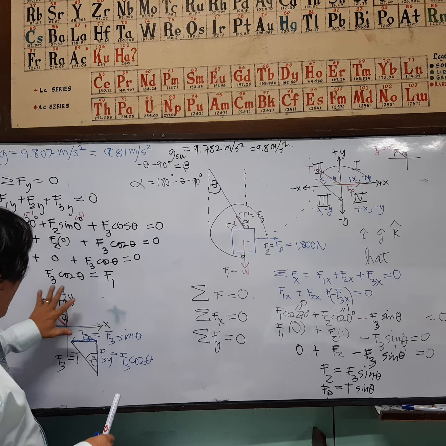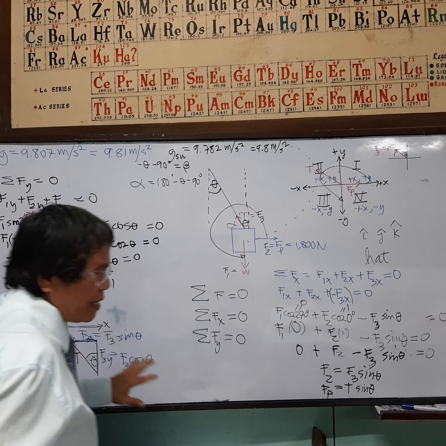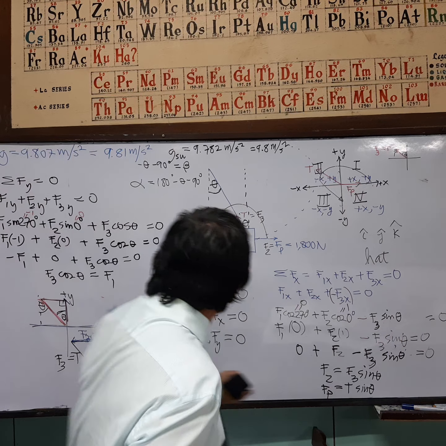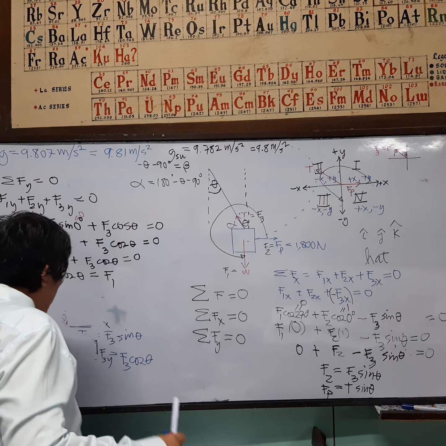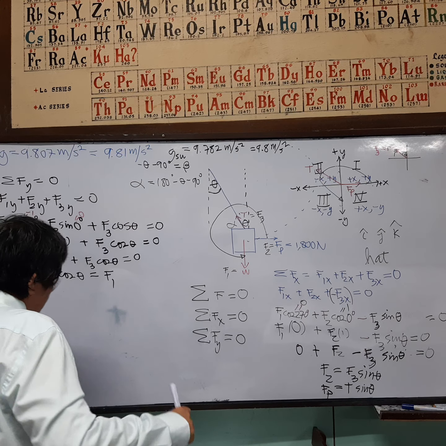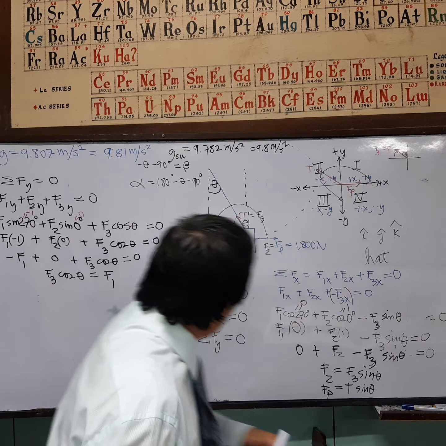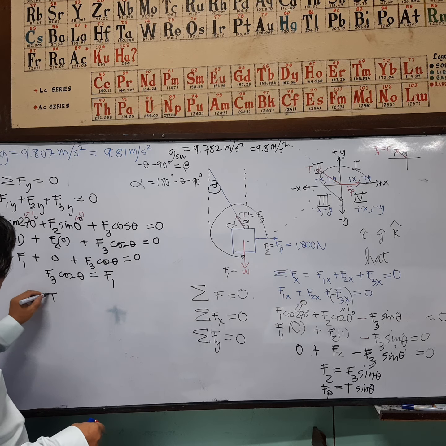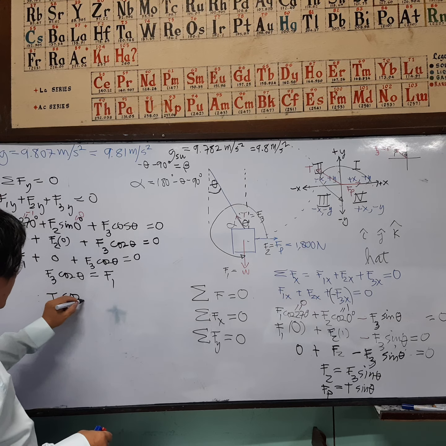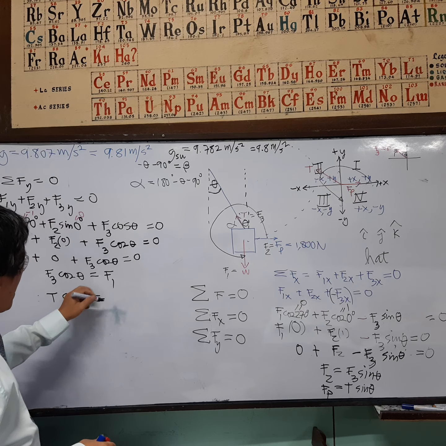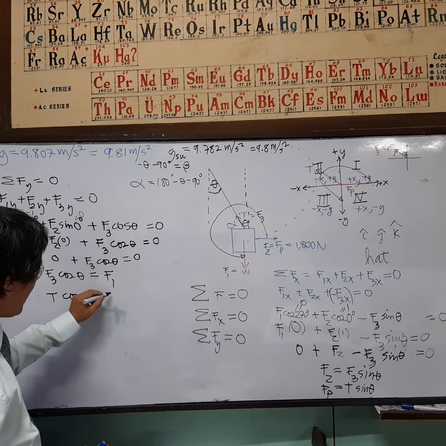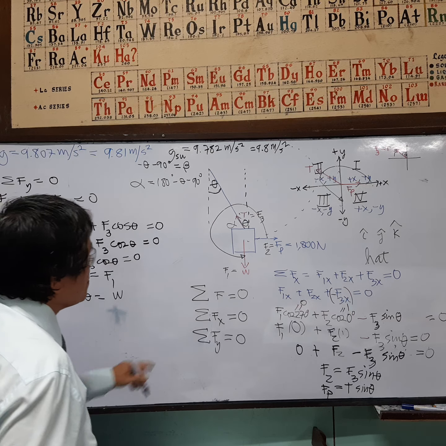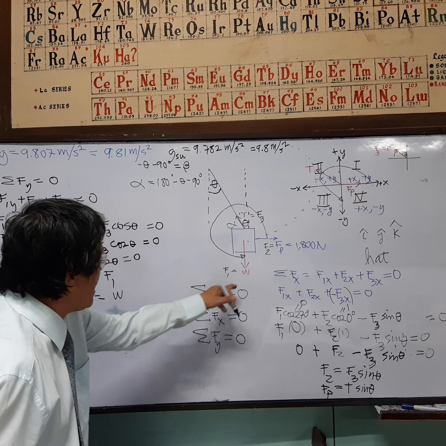I'm going to erase this. Remember, our F3 is the tension, so tension cosine theta equals F1, our weight.